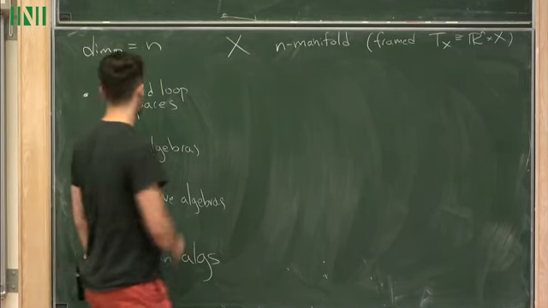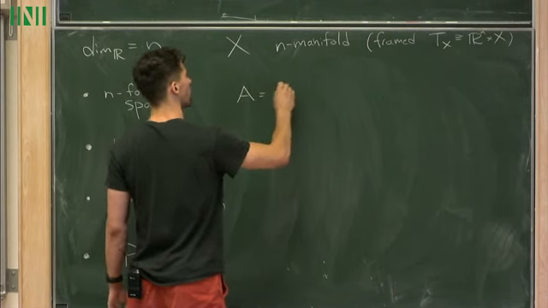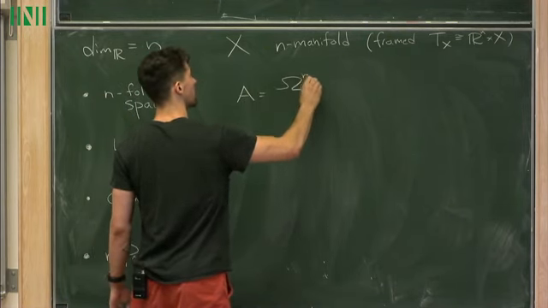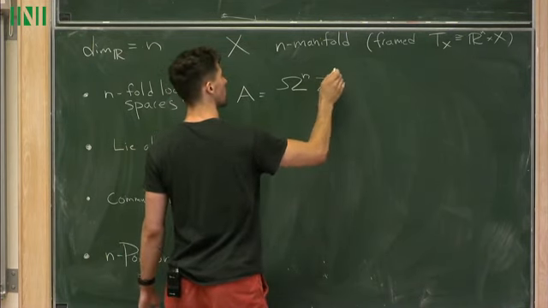Okay, so what would our algebra A be? In this case, A might be the n-fold loop space of some space Z, or maybe I'll call it B.